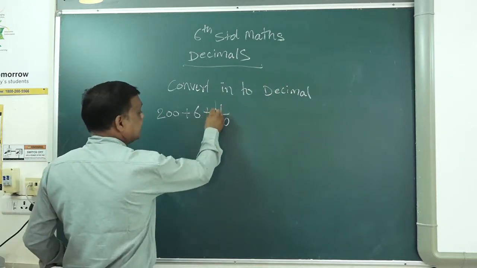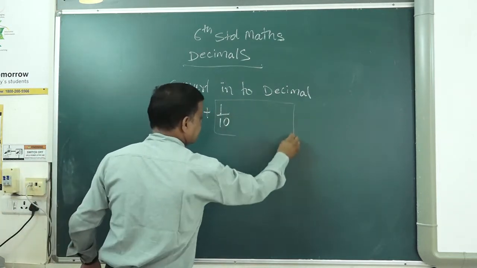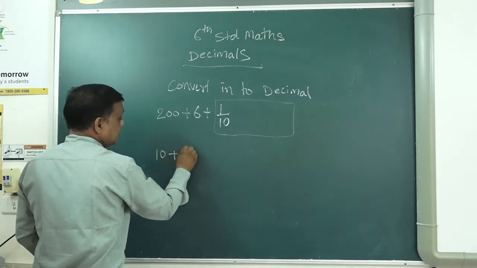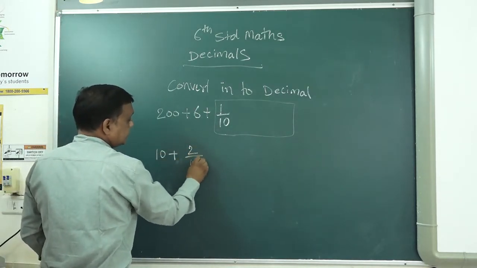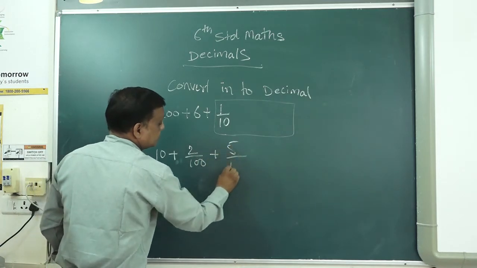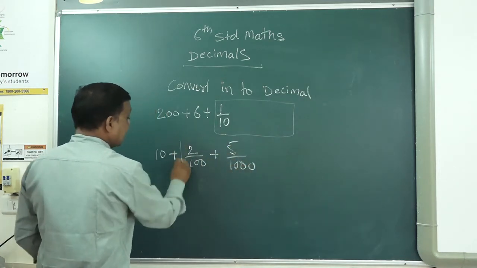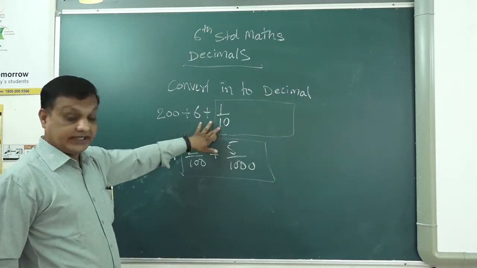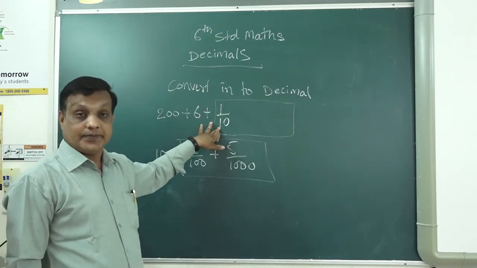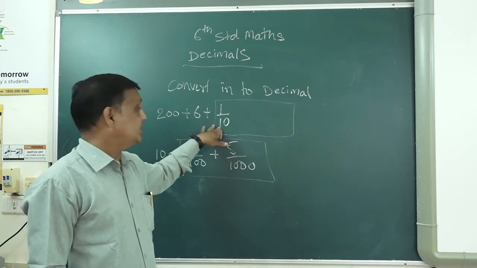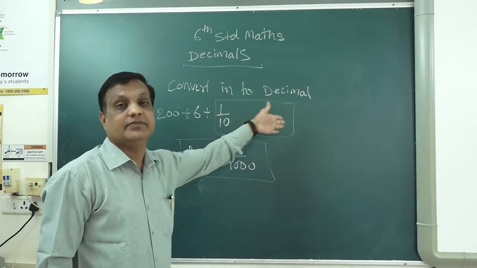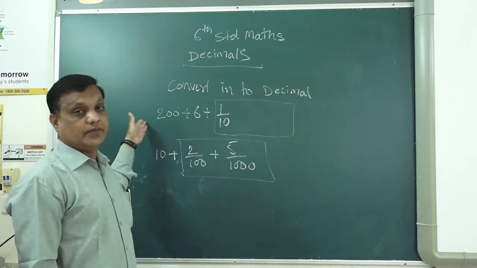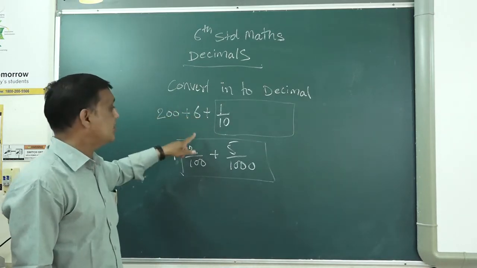As you see the fraction numbers in the form, like here I write 10 plus 2 upon 100 plus 5 upon 1000, numbers represented in fractions in this form will become a decimal, and before the fraction numbers will come the whole numbers.